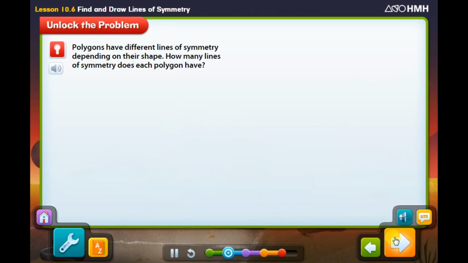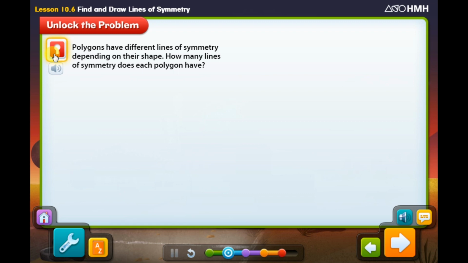Let's find lines of symmetry in polygons. Polygons have different lines of symmetry depending on their shape. How many lines of symmetry does each polygon have? Let's unlock this problem. Okay, so our duty today is to figure out how many lines of symmetry can cut any shape into similar halves.